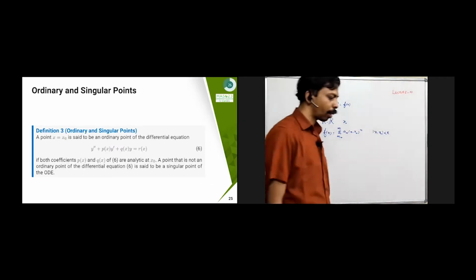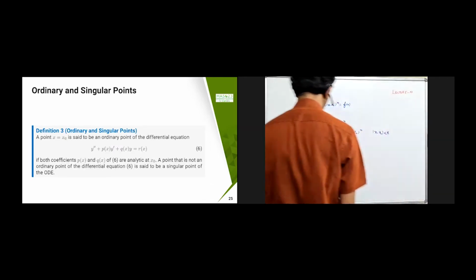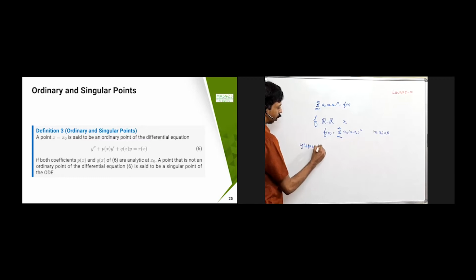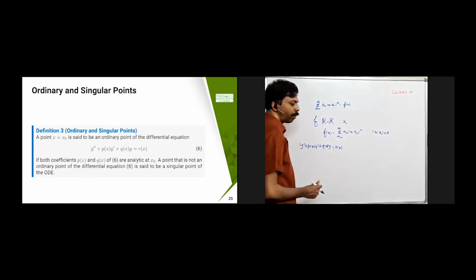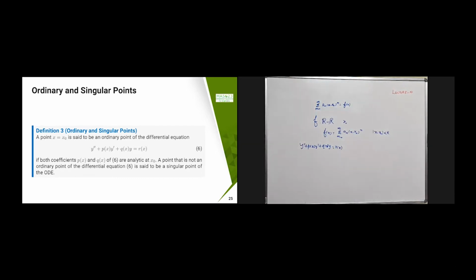Now suppose I have been given a problem: y double dash plus p of x into y dash plus q of x into y, which could also be equal to r of x. This is the problem we were solving in the previous classes. Now consider a point x naught.